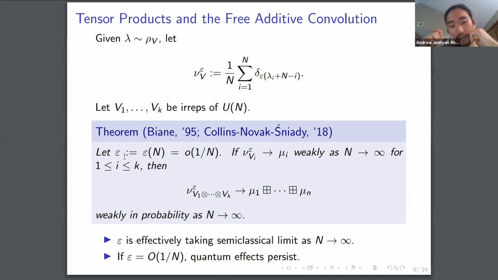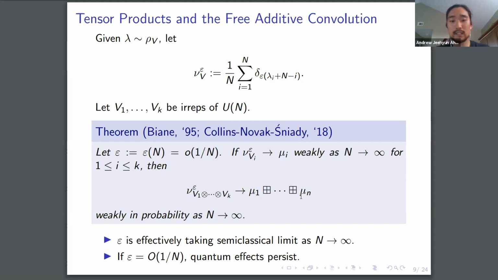If you let the tuning parameter epsilon shrink to 0 faster than 1 over n, so this tuning parameter is depending on the size n of the unitary group, and if you assume that these rescaled spectral measures converge to mu sub i weakly as n tends to infinity for each i between 1 and k, then again, as before in the random matrix case, nu of the tensor product of V1 through Vk tuned by epsilon will tend to the free convolution of the limiting measures weakly in probability as n tends to infinity.